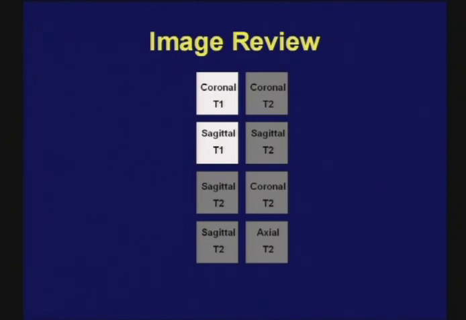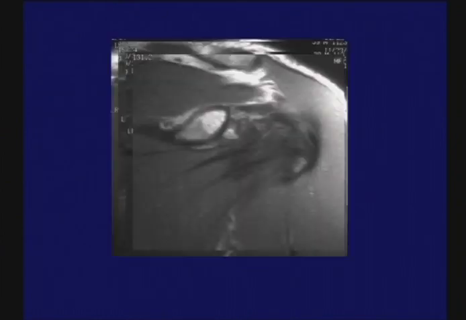And then axial and sagittal I find very important together, particularly when you're identifying a labral abnormality in the axial plane. You try to figure out where it is, and when you then put up your sagittal image and cross-reference, you'll be amazed how far off you were in figuring out where that tear was. So I always like to look at it cross-reference to the sagittal to figure out where the tear is.